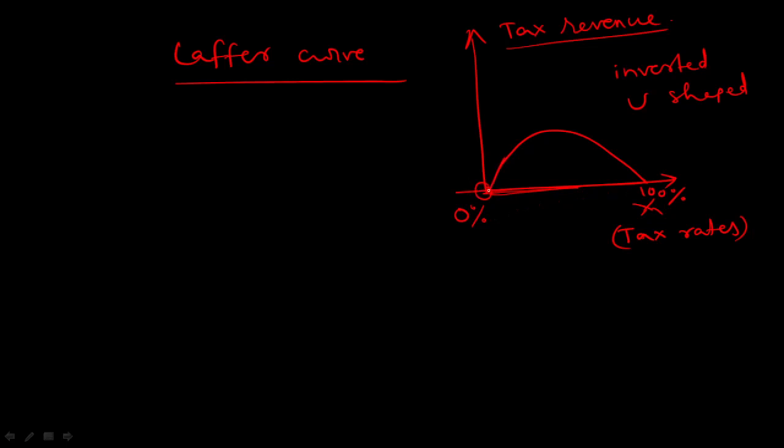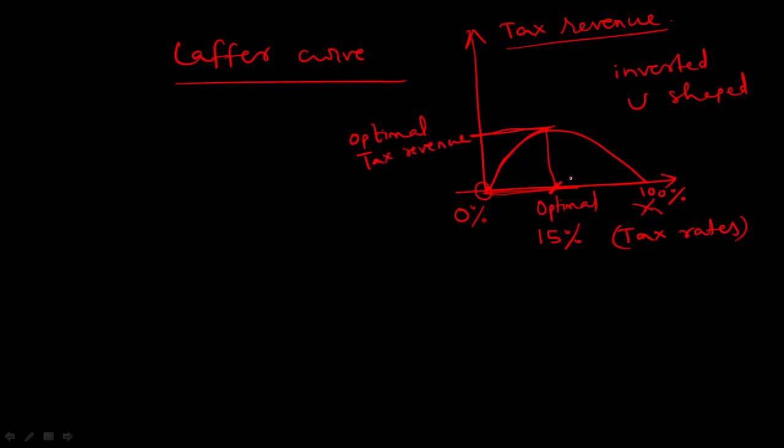So when we increase from 0%, we will certainly meet a point where tax revenue is optimal. This means that if government applies this much percentage, let's say 15% tax rate, then government will receive the optimal or the maximum tax revenue.